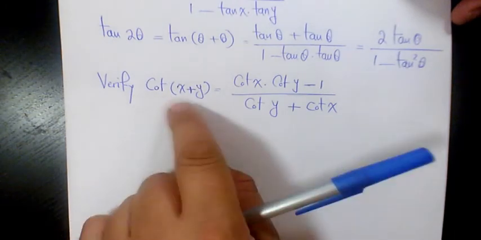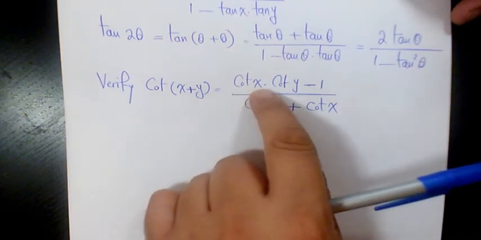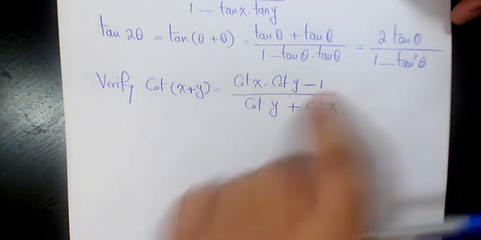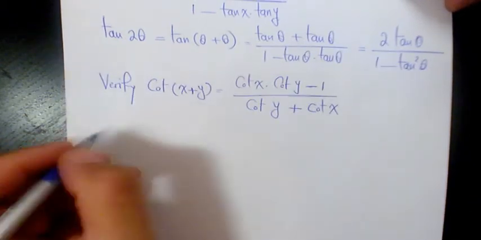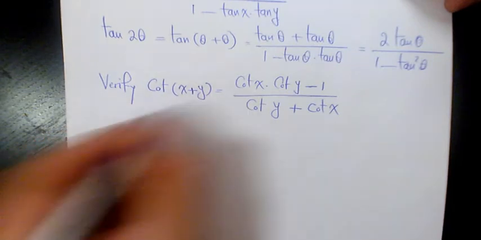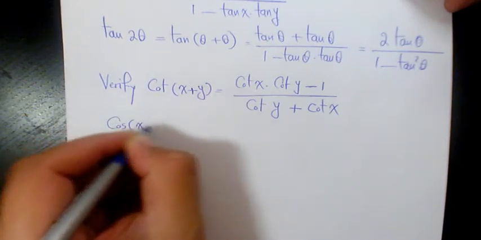Verify cotan x plus y equals cotan x times cotan y minus 1 over cotan y plus cotan x. So what I'm going to write is cotan x plus y as cosine over sine.